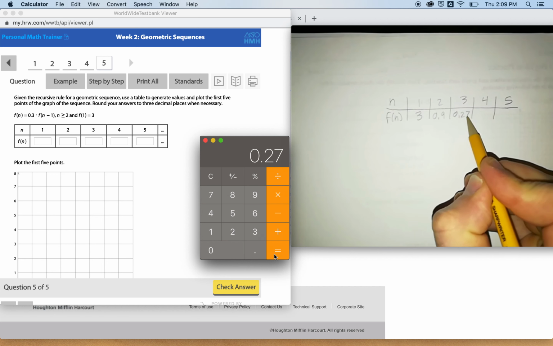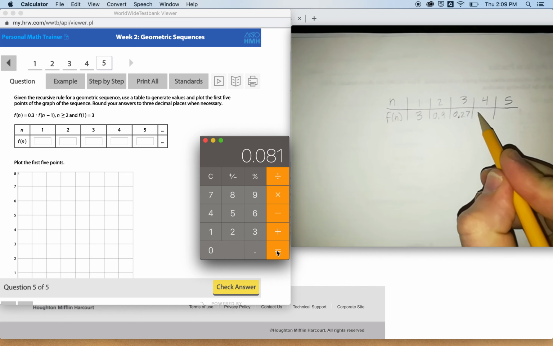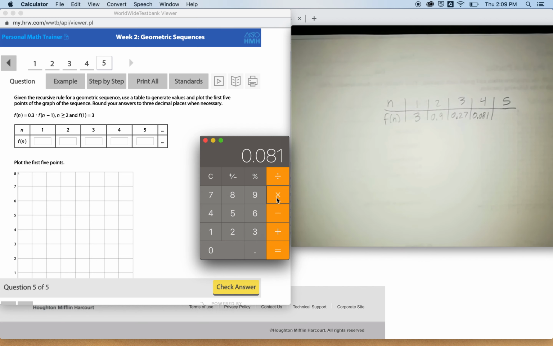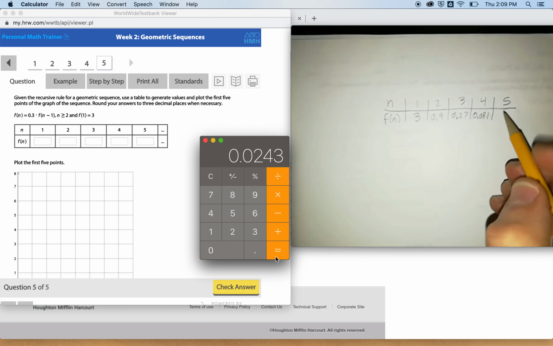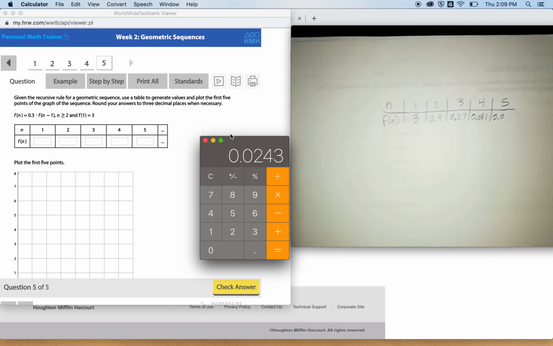All right, and then we're going to just keep multiplying by 0.3 because of that value there. So times 0.3 gives us 0.081, and then one more time, and we get 0.0243.